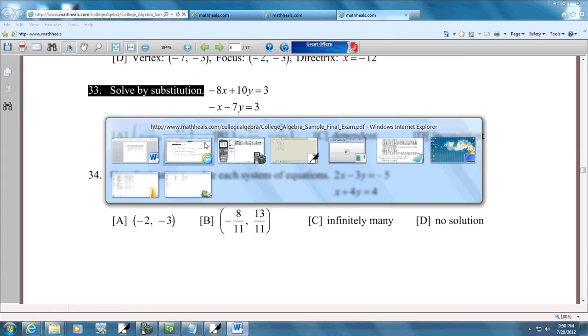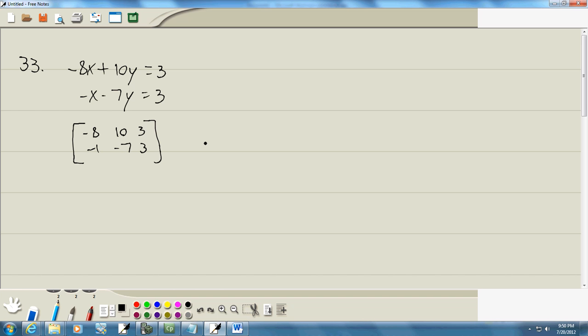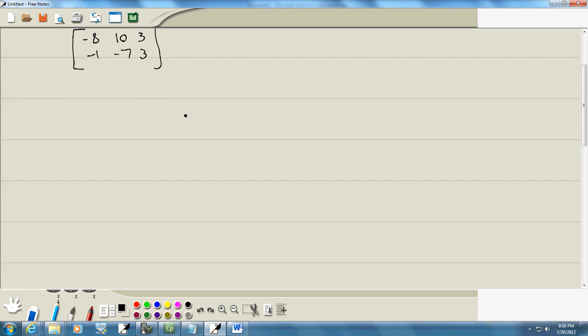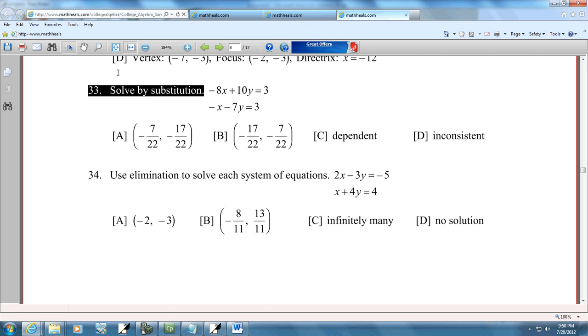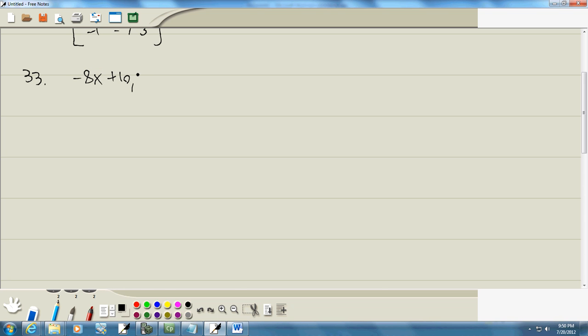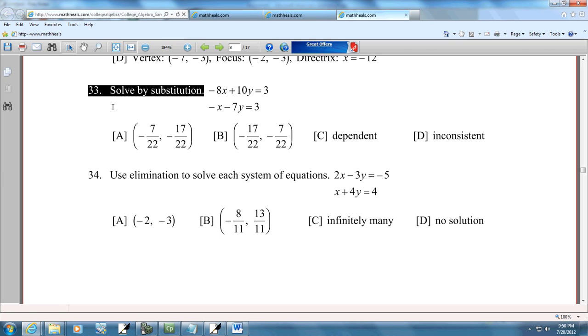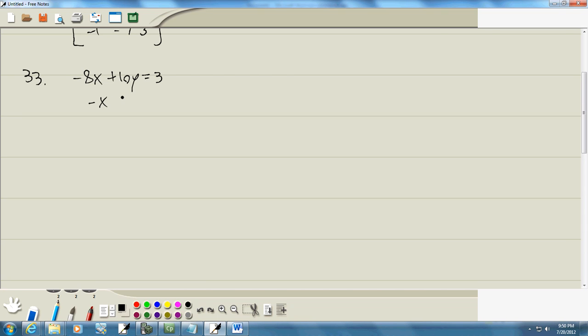So let's see those steps. So we've got negative 8x plus 10y equals 3, and negative x minus 7y is equal to 3.